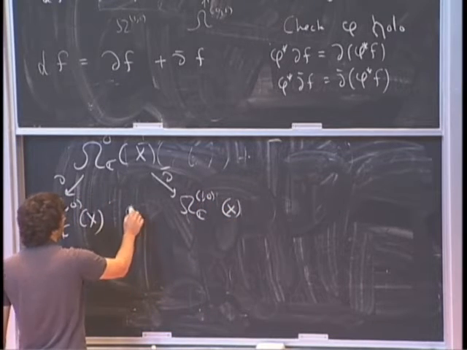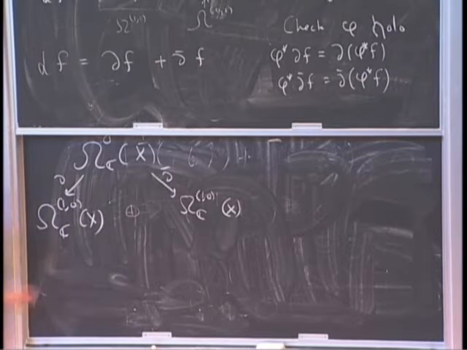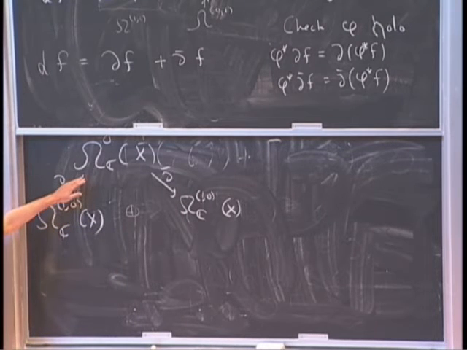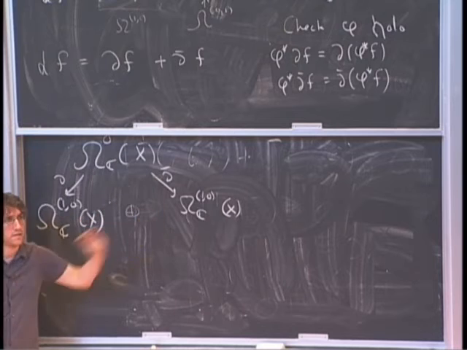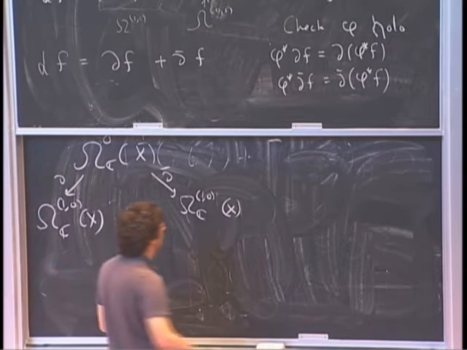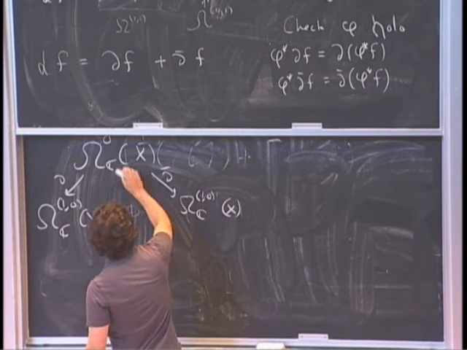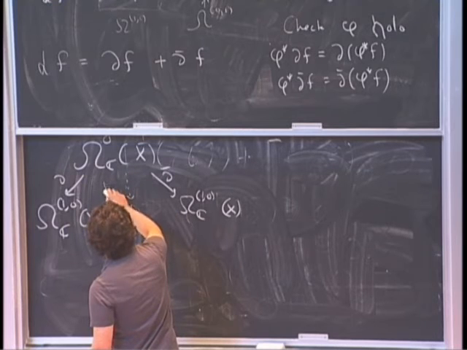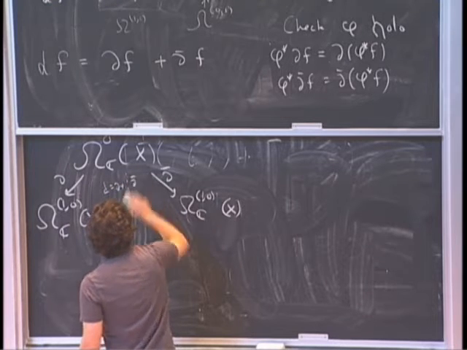And taken together, these give us d, and we can compute d by taking del of the function and adding del bar of it. So there's a d map here, which is equal to del plus del bar.